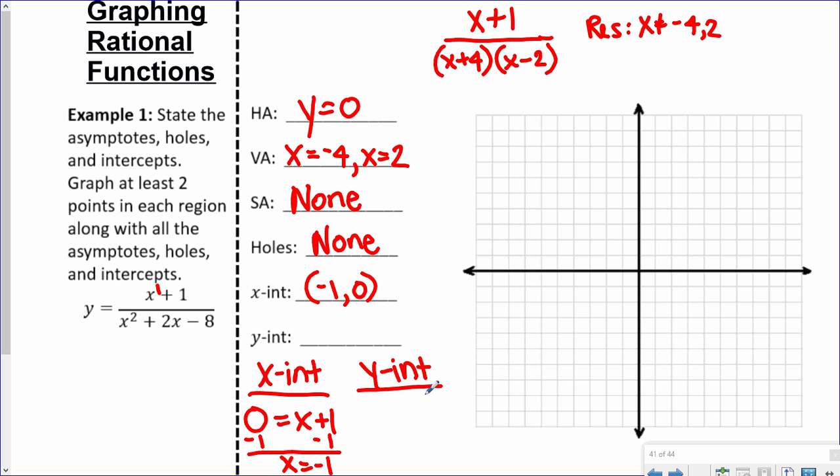Okay, the y-intercept, that one is where I suggested you go back to the original. And we plug in zeros for all the x's, so that'd be 0, 0 squared is 0, 2 times 0 is 0, so those are all gone. And we have 1 divided by -8, which is -1/8. So then this is going to be 0, -1/8.